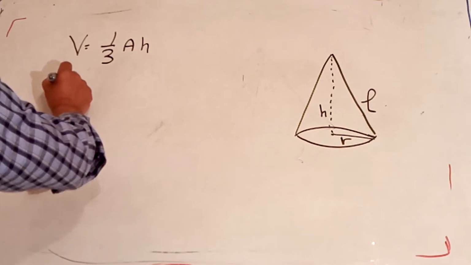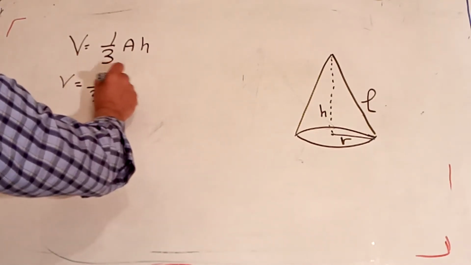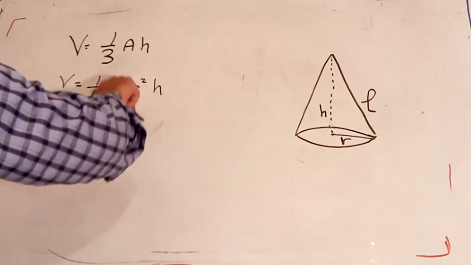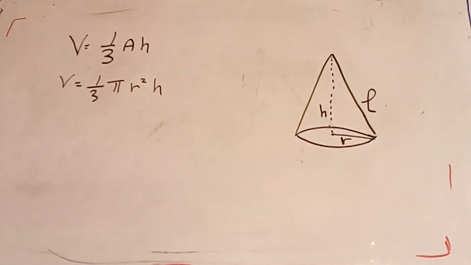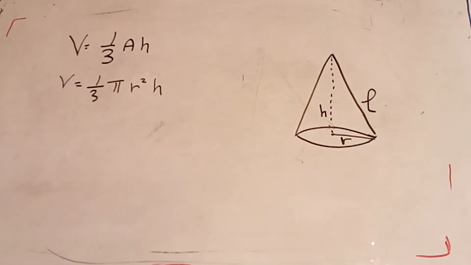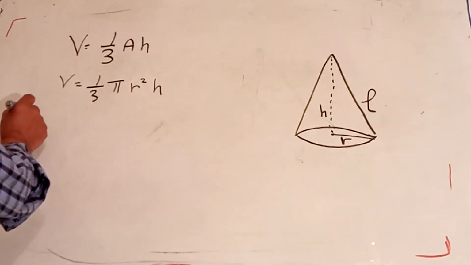So volume equals a third pi r squared h, where pi r squared is A, the area of the circle, which is the base. The volume will be in cubic meters or cubic centimeters, but it has to be cubic.